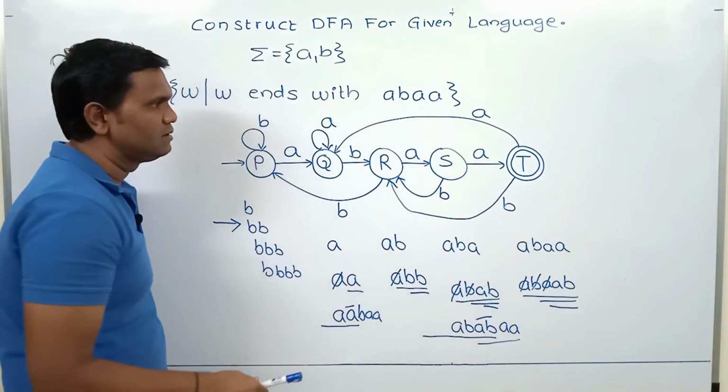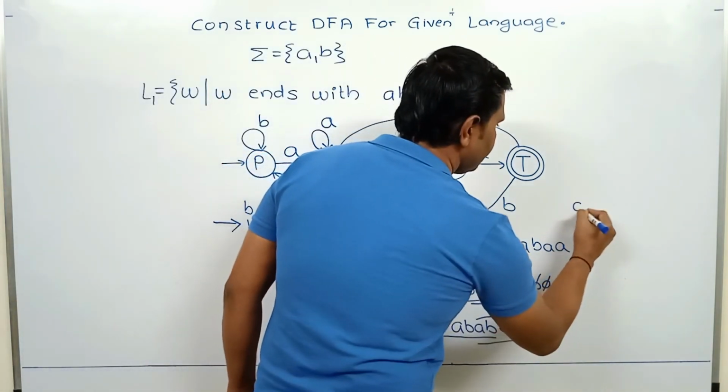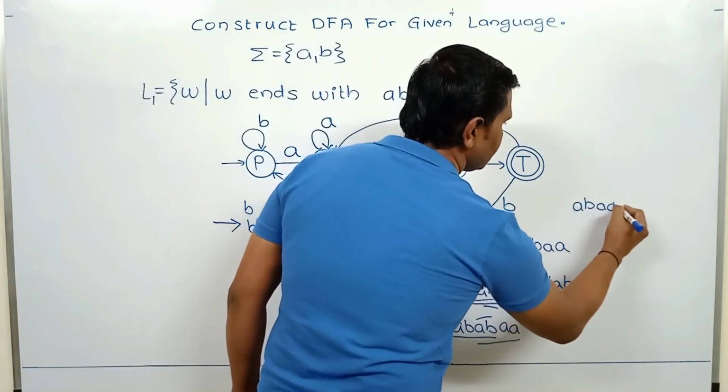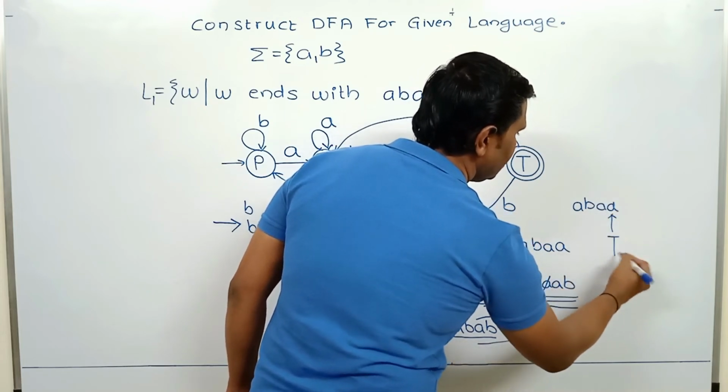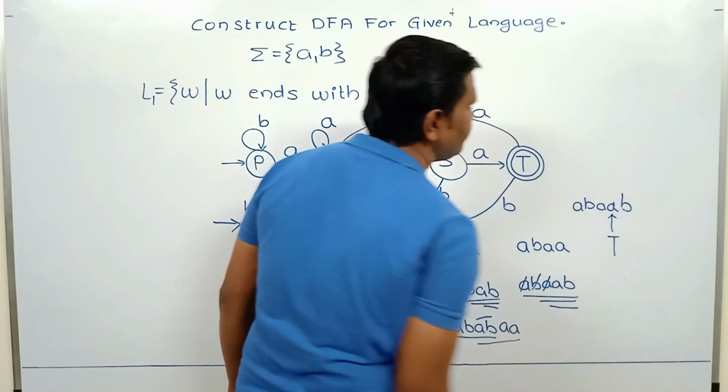So what does this mean? We have ABAA. So here we reach state T and now B comes.